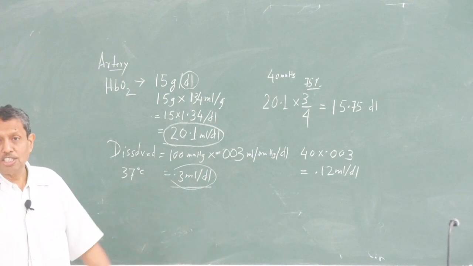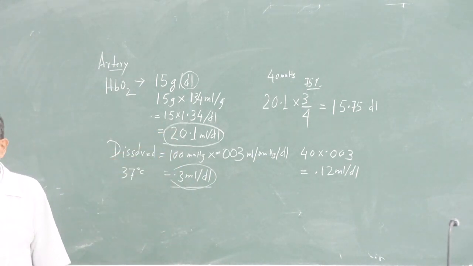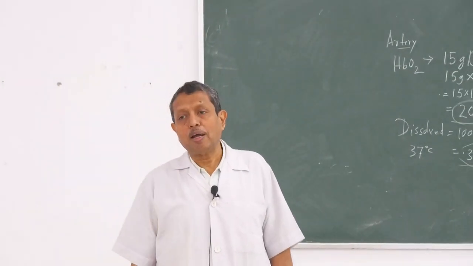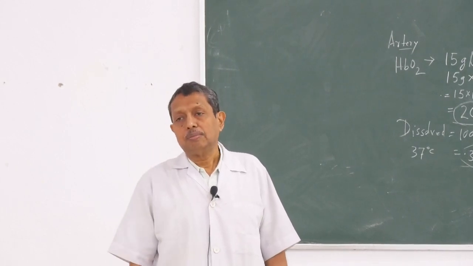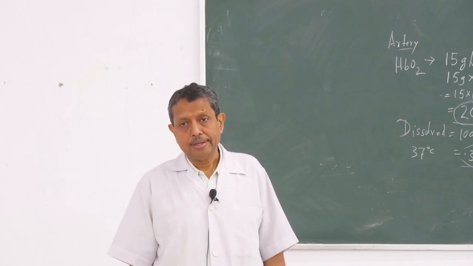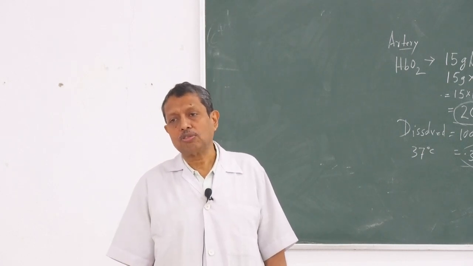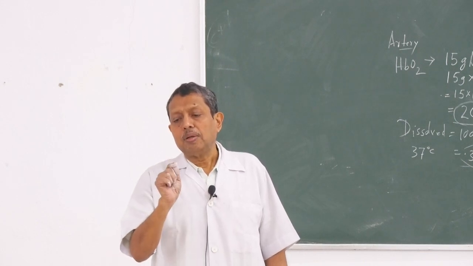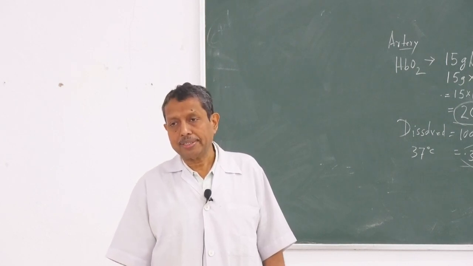Now these are in the ideal situation when it is 100% saturated, but it is not so. Normally it is 97.5% saturated, and due to mixing of some mixed venous blood from the bronchial circulation and Thebesian veins within the heart, there is some reduction. It is 97% saturated, or in this case the PO2 is 95 millimeter of mercury.